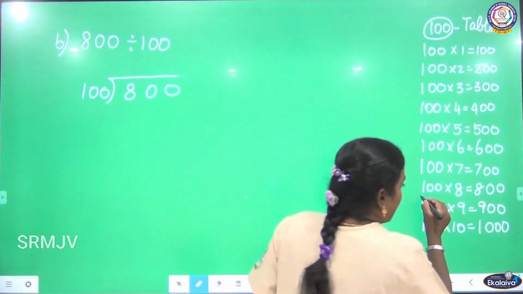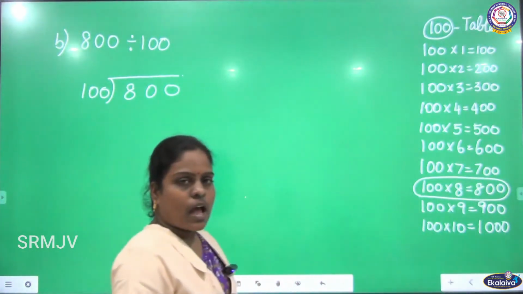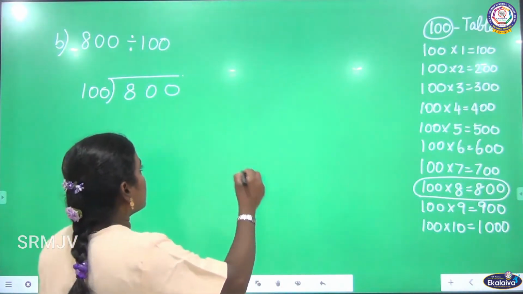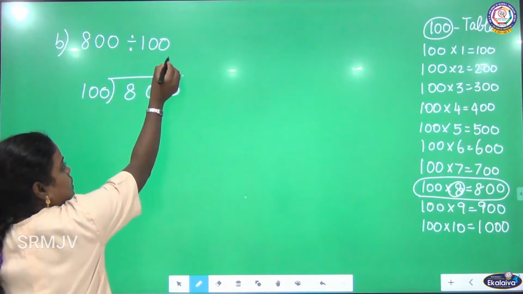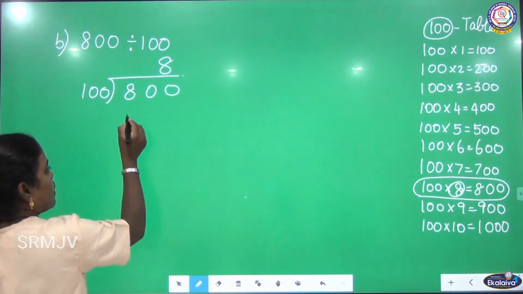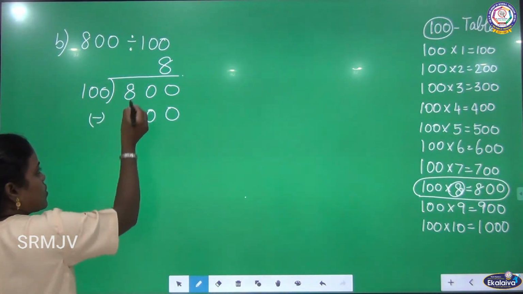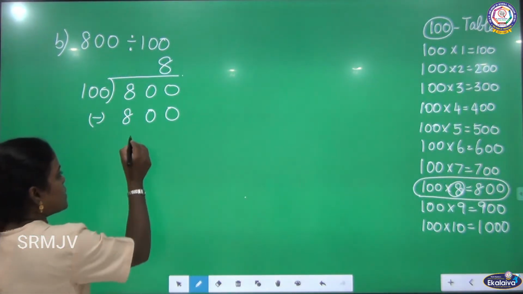Yes, in 8th term we are getting the exact number. 100 8s are 800. So we are going to write 8 in the quotient, 800 below the number. So if you subtract 800 and 800, you will get 0.